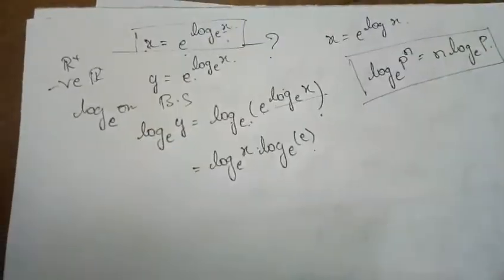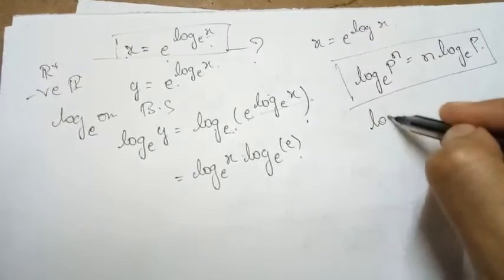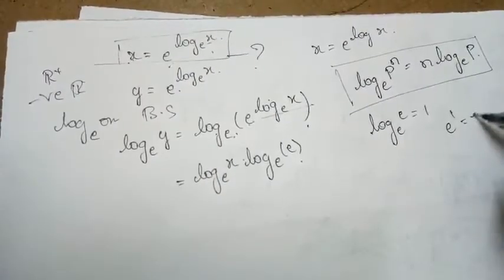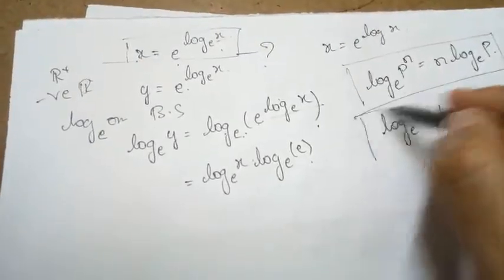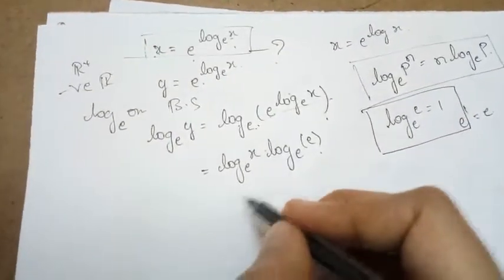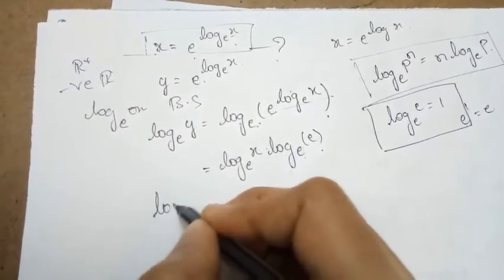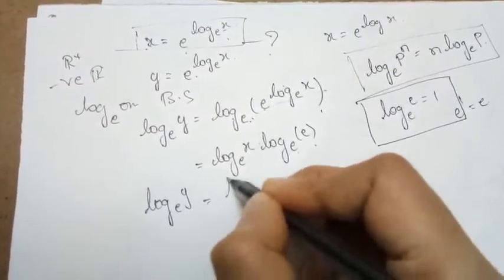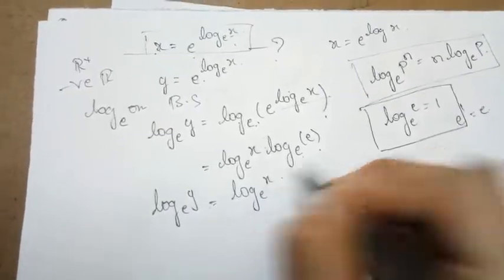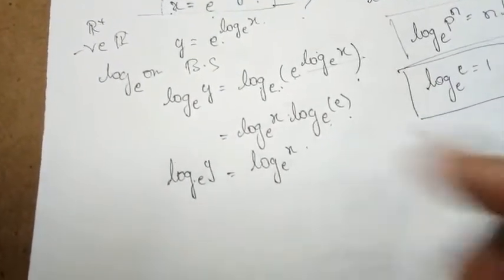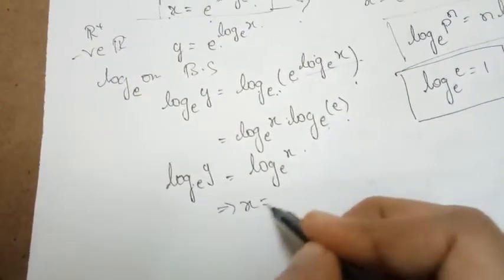Clearly log base e of e is equal to 1, because e power 1 is equal to e. So log base e of y is equal to log base e of x. Since log x is equal to log y with respect to the same base, it implies x is equal to y.